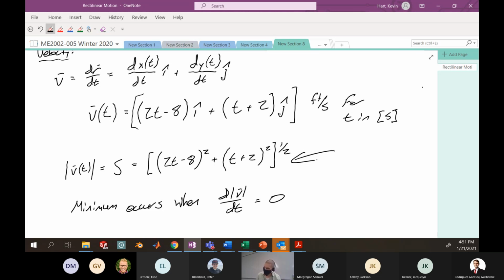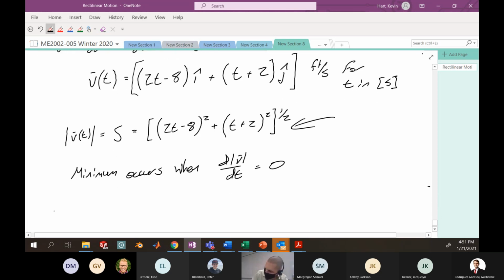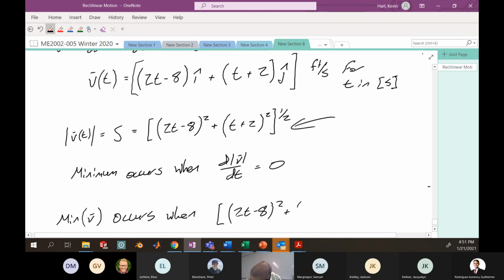Well, hopefully I can convince you that we don't have to deal with the 1/2, right? Because maybe I can convince you that the minimum of this velocity will also occur, I guess minimum or maximum, when generally just the inside of that square root is optimized, okay?